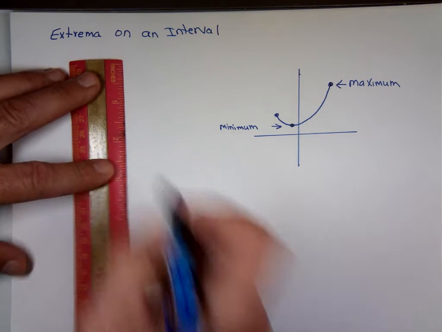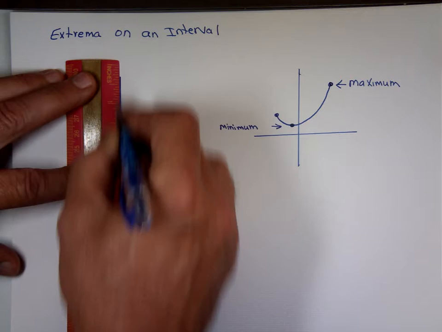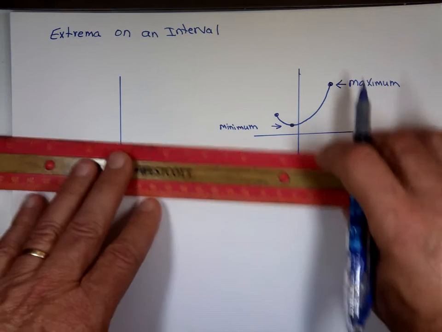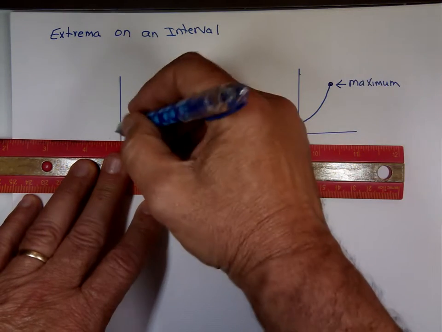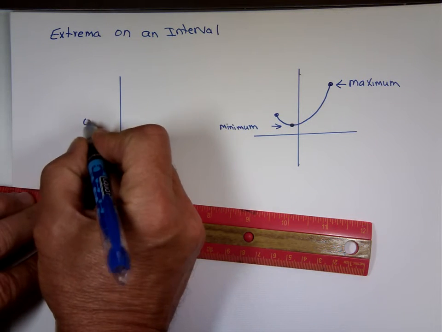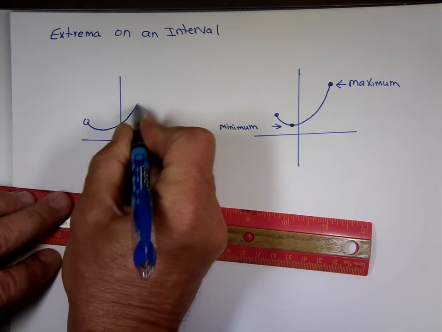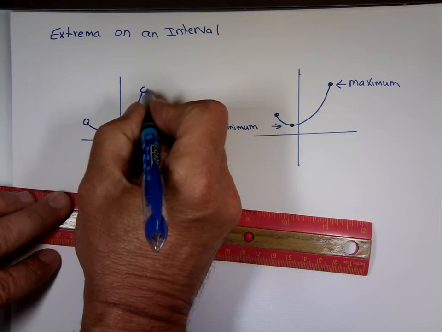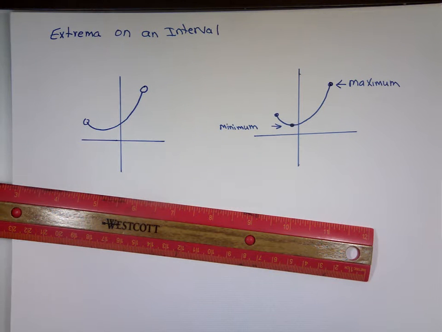Now, if I change the graph just a hair, and I take the same picture, the same graph, but instead of a closed circle, I have an open circle on both ends of it.